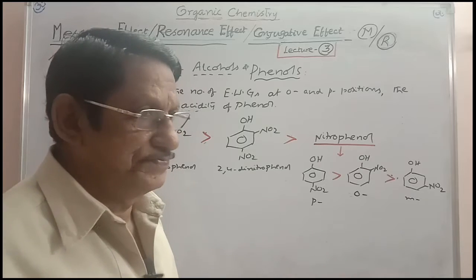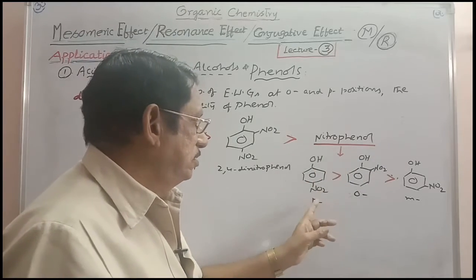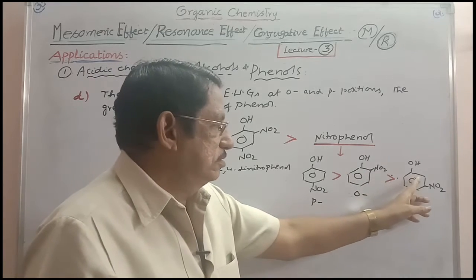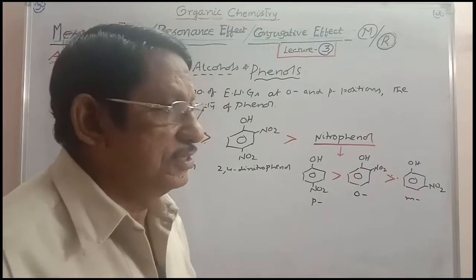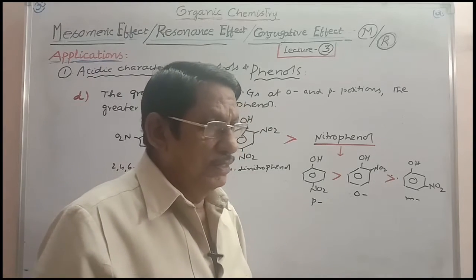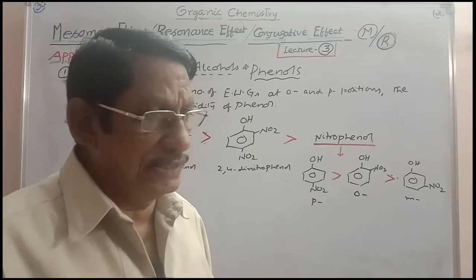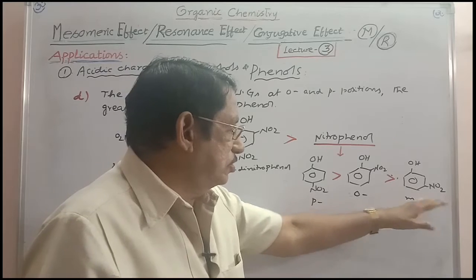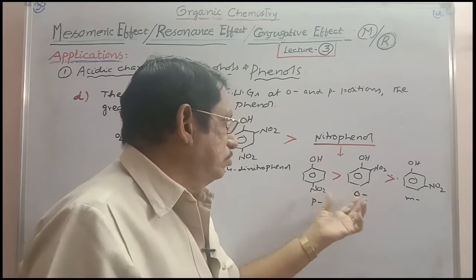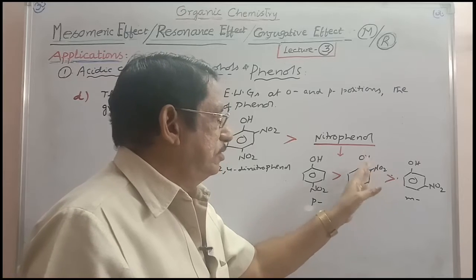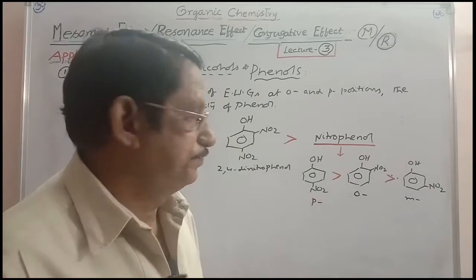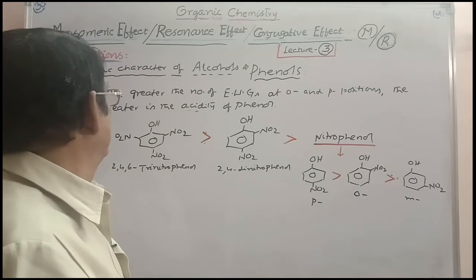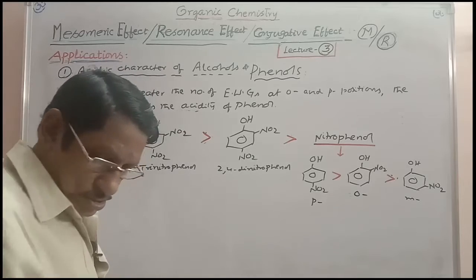Thus among nitrophenols, paranitrophenol is more acidic than orthonitrophenol, which is more acidic than metanitrophenol, because in the case of metanitrophenol, the mesomeric effect is not operative at the meta position, so that becomes the least acidic of these 3. And between the other 2, due to the intramolecular hydrogen bonding, orthonitrophenol is made less acidic than paranitrophenol. So, this is the actual order in the case of nitrophenols.